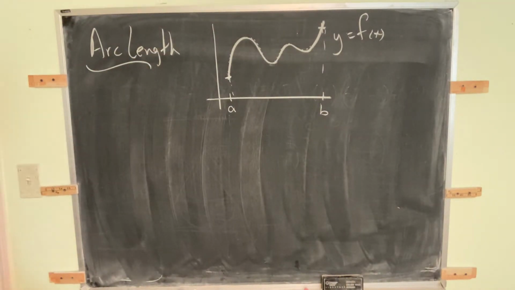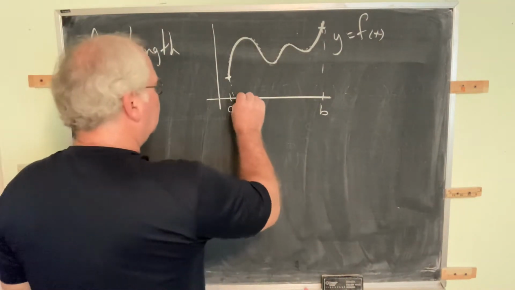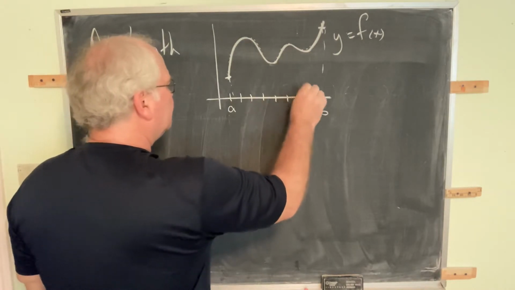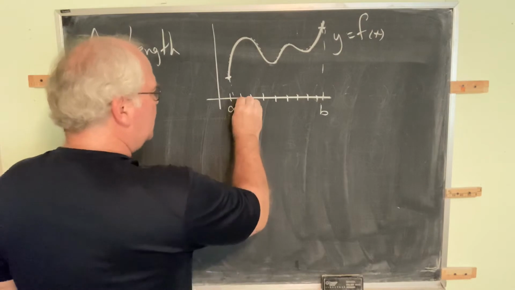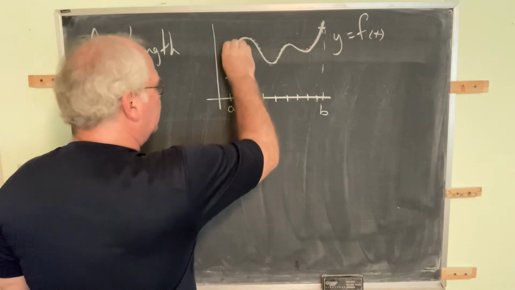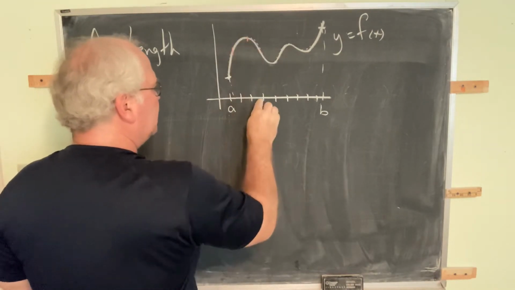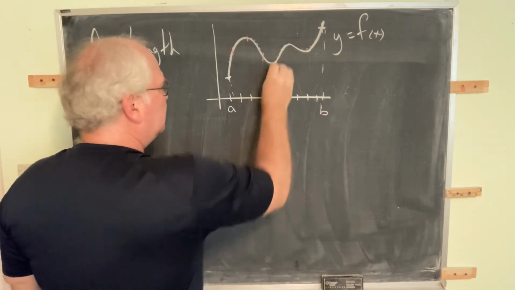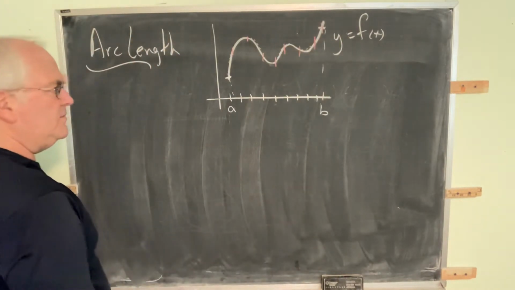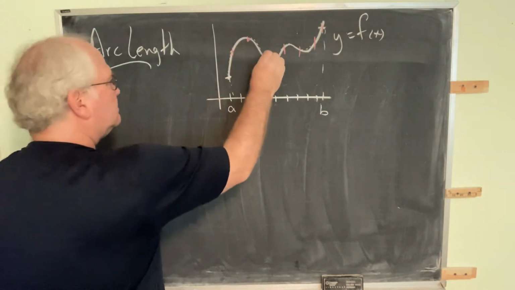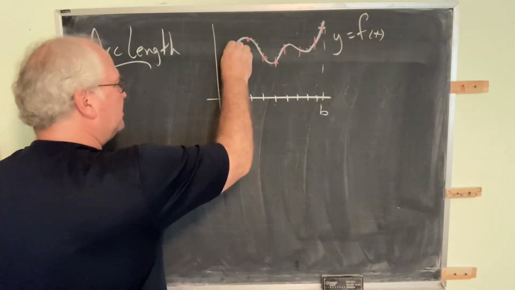Arc length. The way we do this is we partition the x-axis. Each one of these partition points determines a single point. I'm not going to make rectangles, just make points on the curve, and then connect them with straight lines.